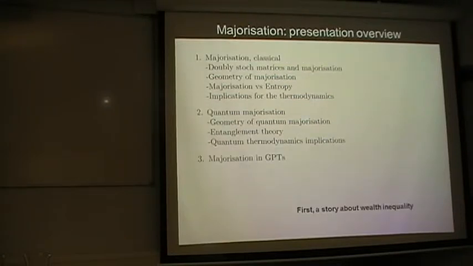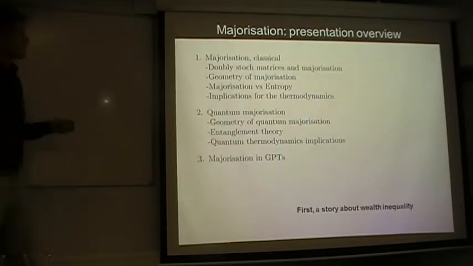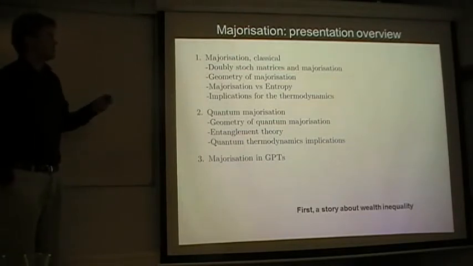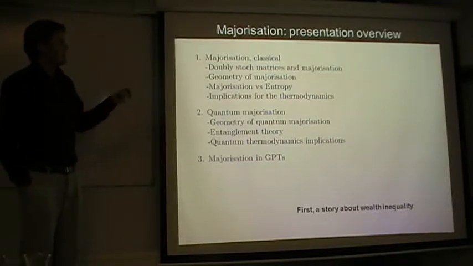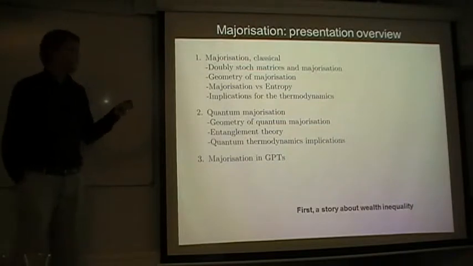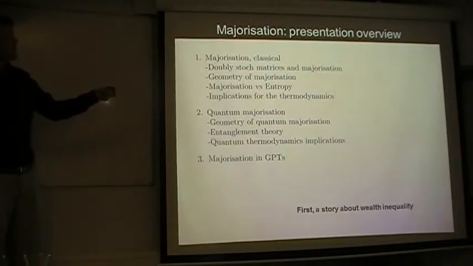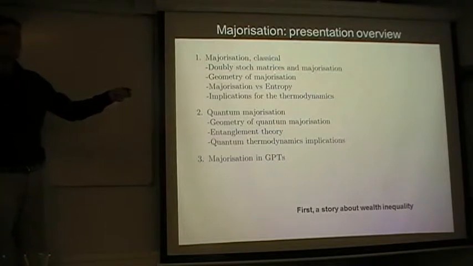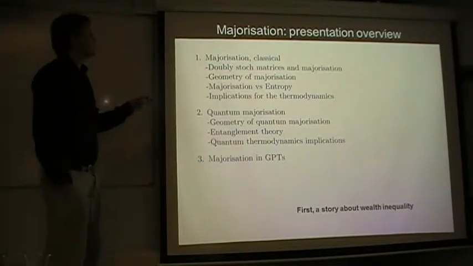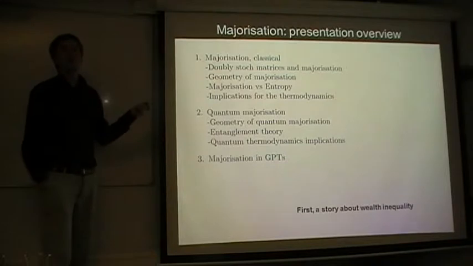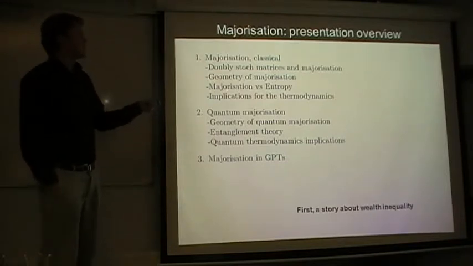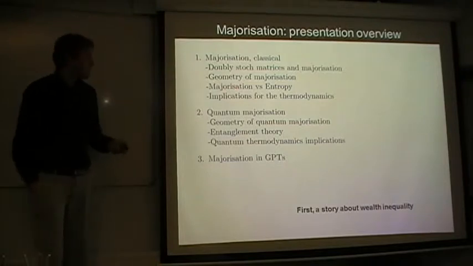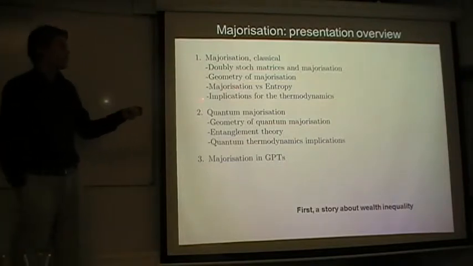So the overview is it's going to be classical majorization to start with. Actually, there's an extra entry here which will come next, which has to do with wealth inequality. Then there are doubly stochastic matrices and majorization. And then a really nice way of visualizing majorization geometrically. What's the relation between majorization and entropy? What does this have to do with thermodynamics?